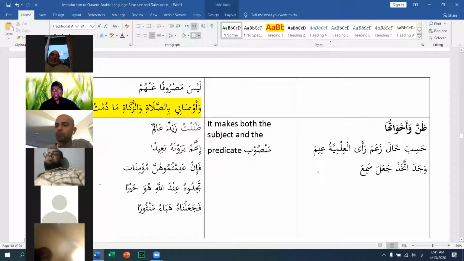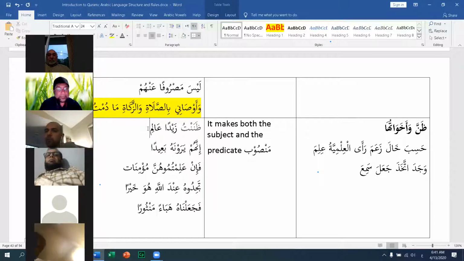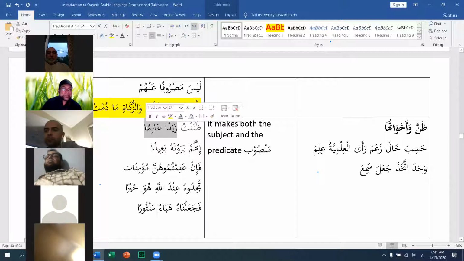I thought that Zaid was a scholar. So you see what happened? When you put ظن in front of الجملة الاسمية تنصب المبتدأ اسما لها وتنصب الخبر خبرا لها. So it made both mansub. The mubtada and the khabar both became mansub.